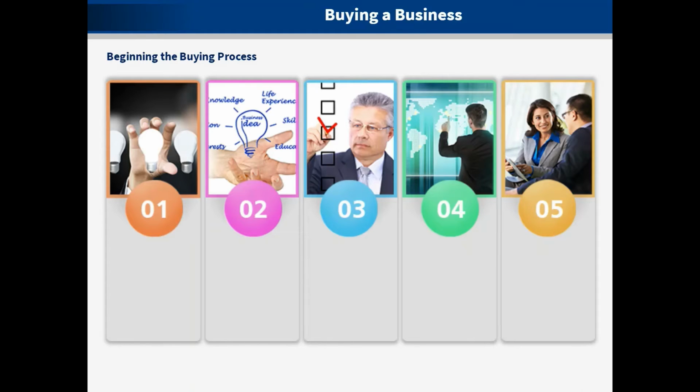Here are the steps to start with when you decide to buy a business. The first step is to pick an industry that you are familiar with and understand. Next, consider your interest, skills, and experience to help you eliminate unrealistic business ventures. The third step is to list your conditions of purchase, such as location, size, and time commitment.